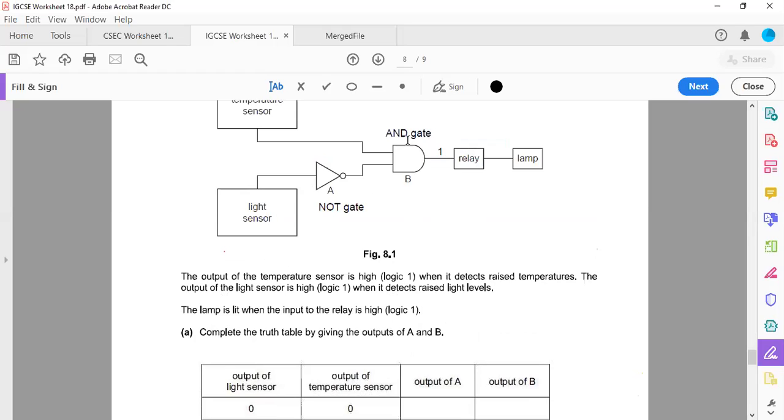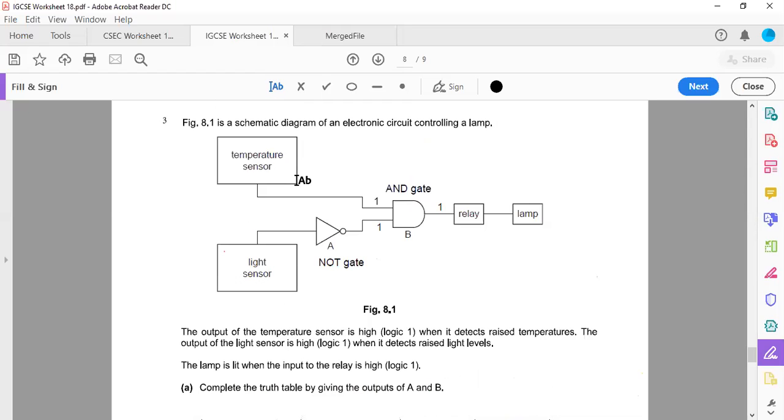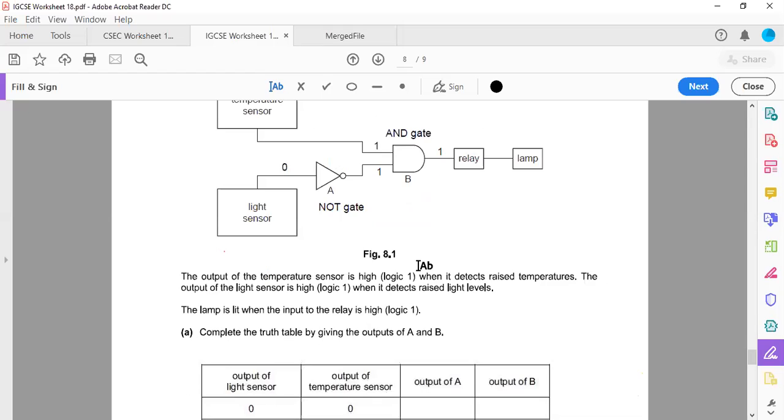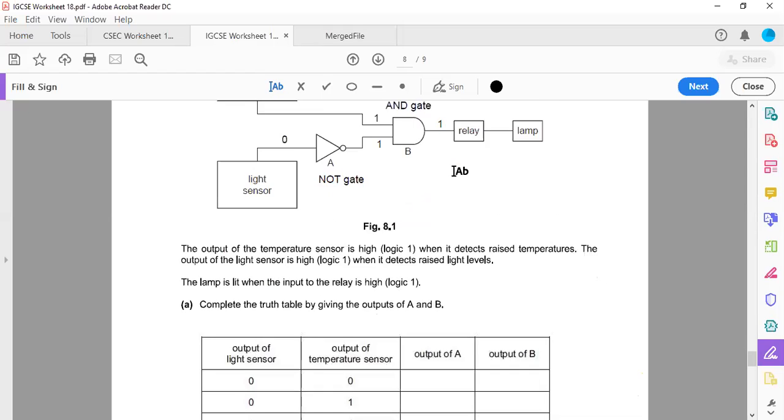So if it is an AND gate, for it to actually work you're going to have a 1 here and a 1, because we know that for the AND gate, both your inputs must be 1. So the input temperature from the sensor must be 1. And if here's a 1 because it passes through the AND gate, your light sensor is going to be 0. So this is what's going to make the light come on.